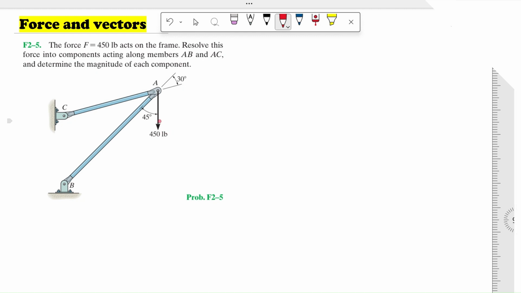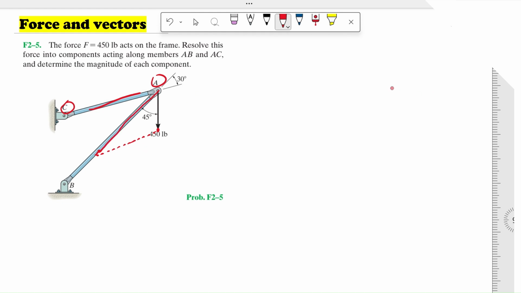Here we have this external force of 450 pounds. We will be constructing a parallel line starting from this point and touching this member, and that line should be parallel to this member AC. Here I will be constructing a line for the correct triangle, and the other side represents the member AB force.